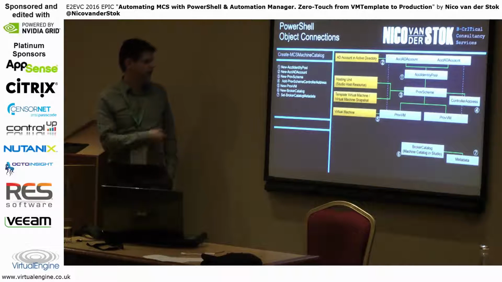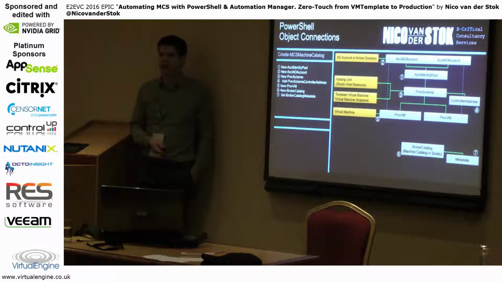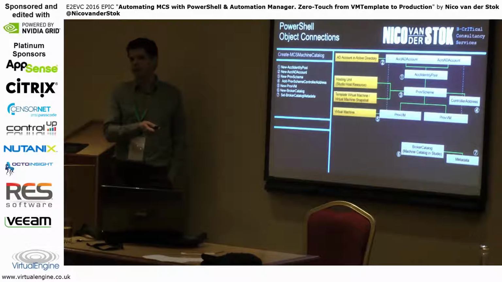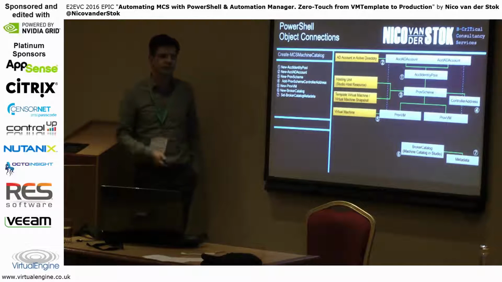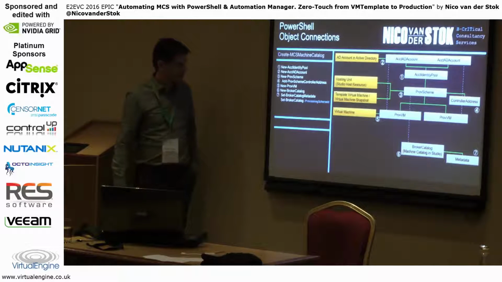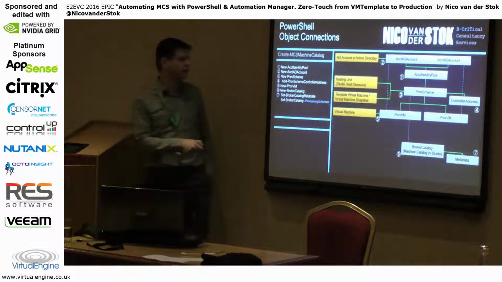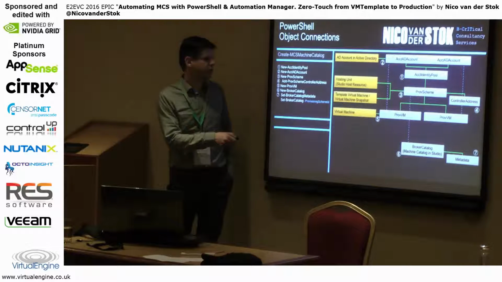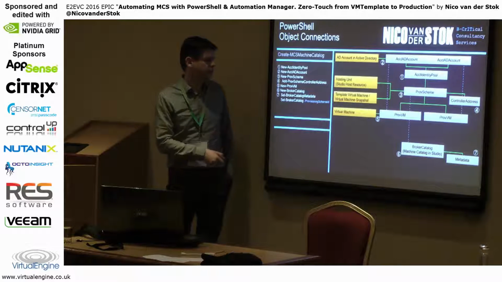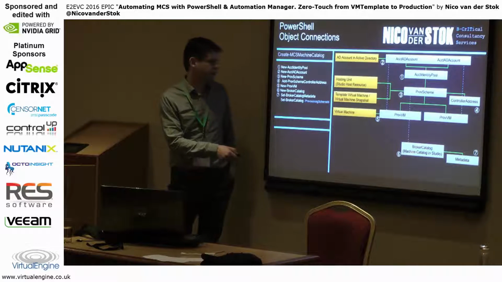Optionally, you can add metadata. When you do it via the wizard, it does this, so it's nice to do, but I tried without and it also works. And you make a connection between the prov scheme, which has a lot of properties, and the broker catalog.